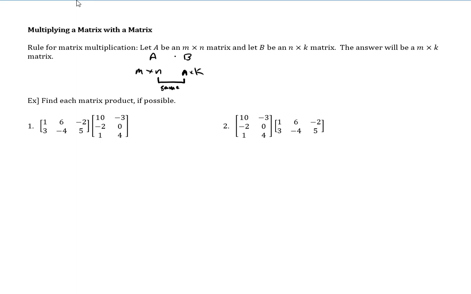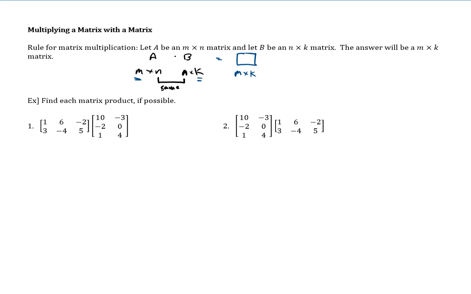If they are not the same number, then we will not be able to multiply. Once we see that they're the same, our answer will always be the size m by k. That's something we always start with in our matrices.